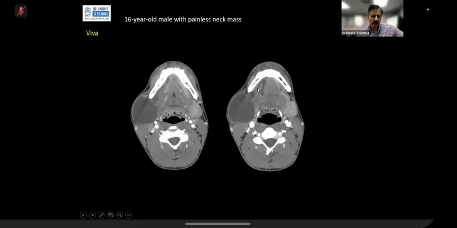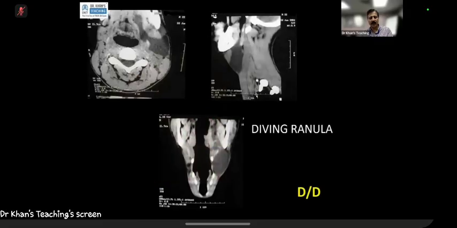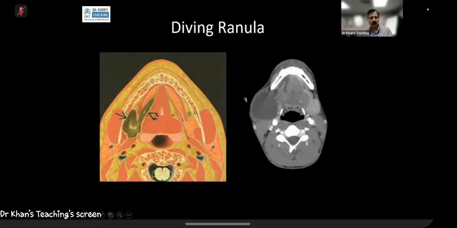It is an important differential diagnosis of a cystic lesion in the submandibular region, which is an extremely important exam case. I'll show you other examples, but this one is with this tail sign. So this is a plunging ranula, also known as a diving ranula, whatever you want to call it.